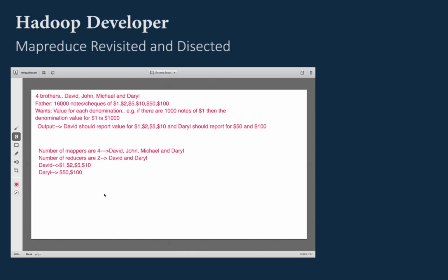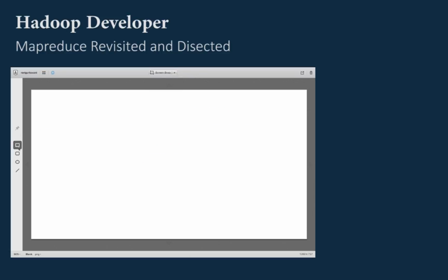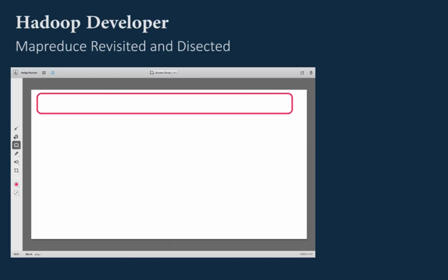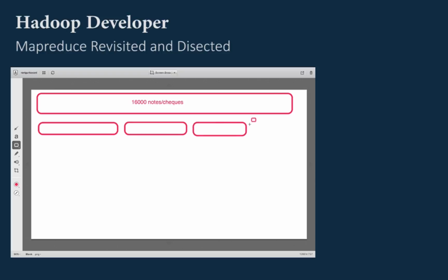So now let's look at how this will really work, and there are 16,000 notes or checks. So let's start with the example. There are 16,000 notes or checks. There are 4 brothers. So each one gets around 4,000 checks.